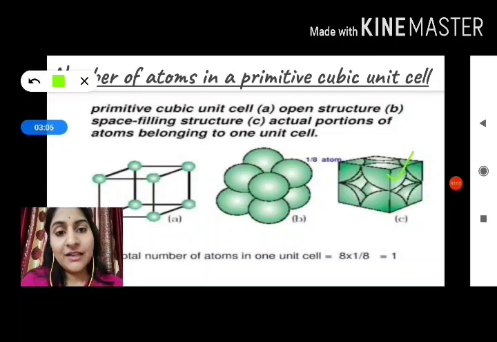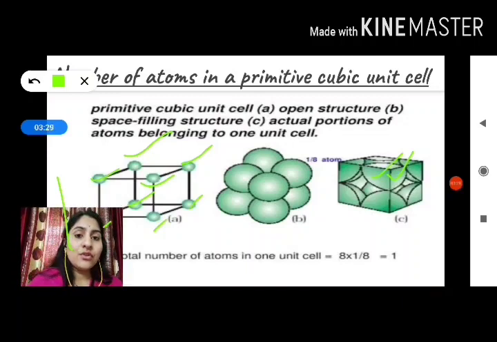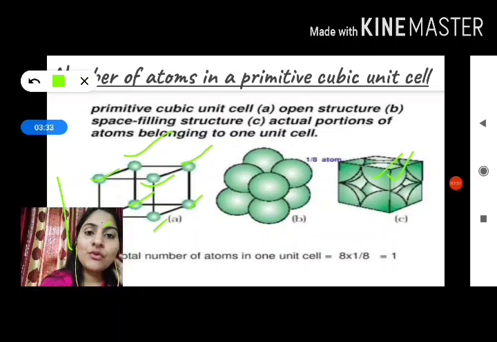So the contribution of this corner atom for the unit cell would be only 1/8, and there are total 8 atoms here in a unit cell, that is 1, 2, 3, 4, 5, 6, 7 and 8. So in this case it would be 8 into 1/8 equals 1 atom.